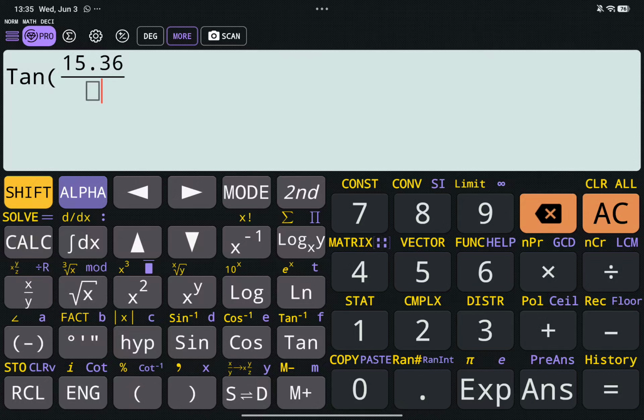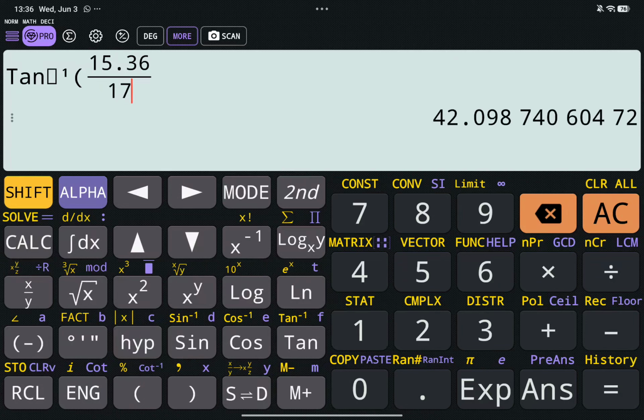We get a value of 0.015, and that's incorrect because I didn't press shift tan. Shift tan of 15.36 over 17, and there we have a proper answer.